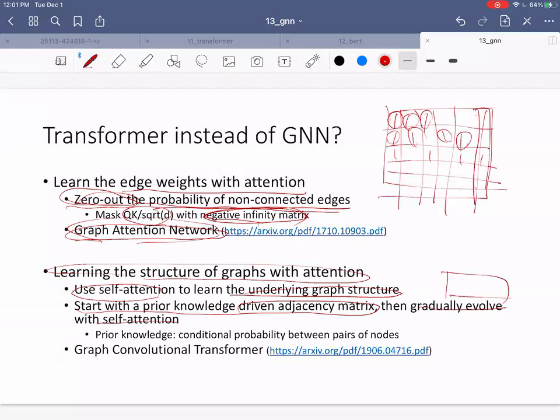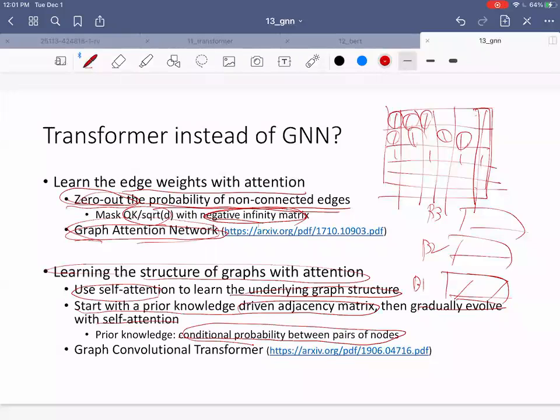So you have a lot of graph convolution blocks, like block 1, block 2, block 3, repeating the graph convolution. You start with a fixed adjacency matrix derived from some domain knowledge. For example, domain knowledge being conditional probability between pairs of nodes. You can go through the training examples and see which pairs of nodes co-occur more often than others. So basically you calculate the conditional probability between pairs of nodes, and then inject that information into the adjacency matrix.